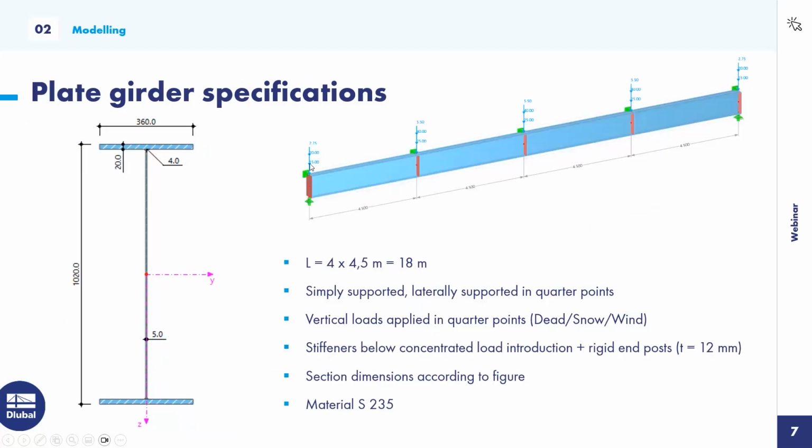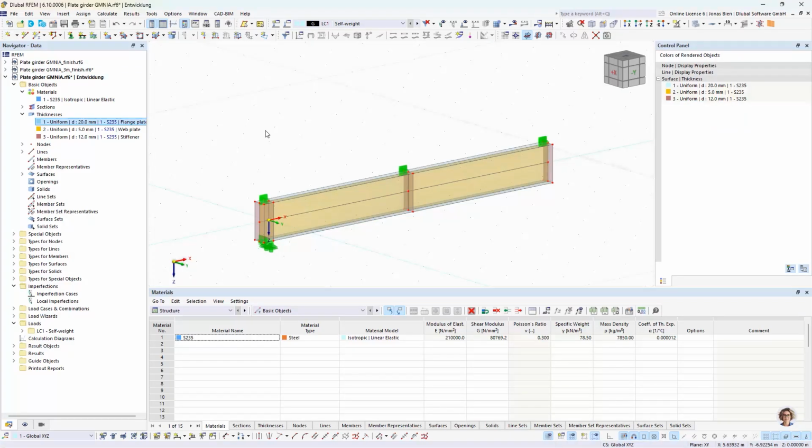The first one represents dead weight. The second one comes from snow, and the third one comes from wind pressure. So these I want to define separately for those 3 load cases.